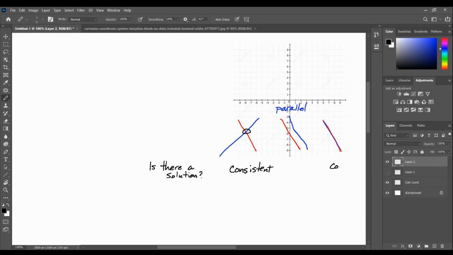This one is consistent because it has an infinite number of solutions. Those are two lines right on top of the other. So actually, let me circle that because the whole thing is the solution. This one is inconsistent. There is no solution.